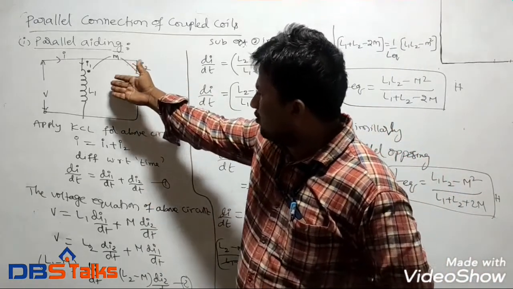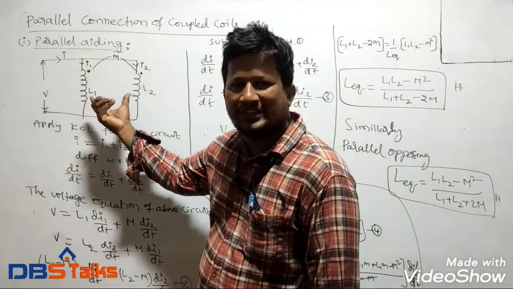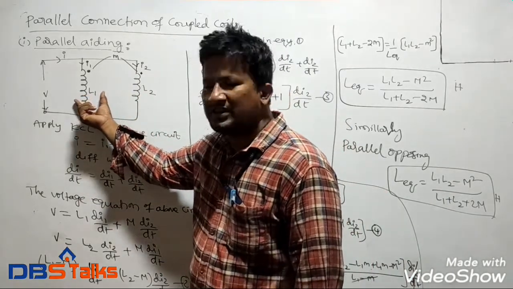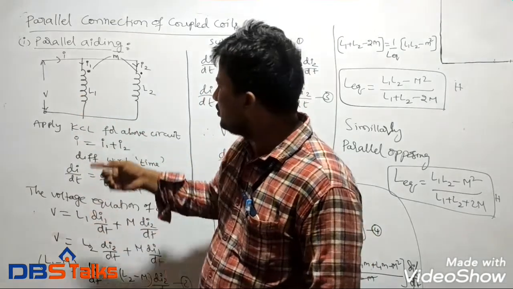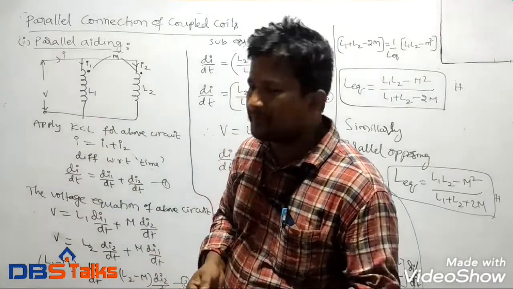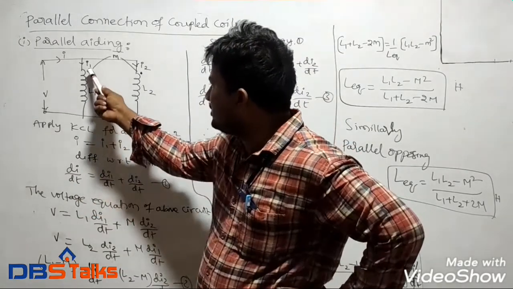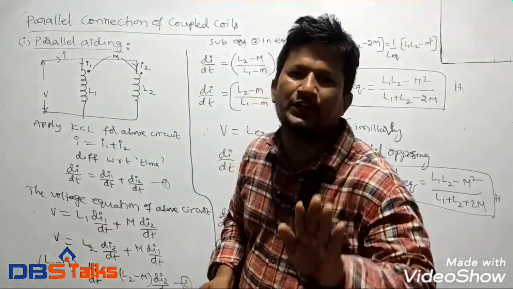Now, what is the voltage equation? This is a parallel circuit, that's why the voltage across coupled inductor 1 is equal to that across inductor 2, because in a parallel circuit the voltage must be the same. Since both dot positions are the same, M is positive.